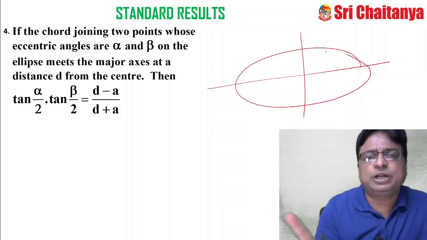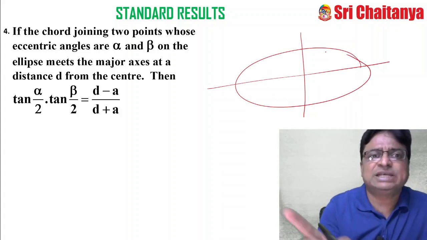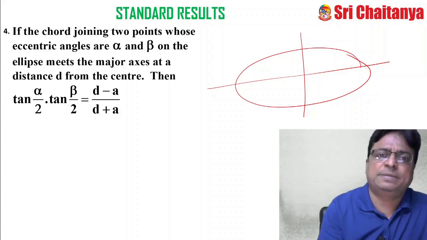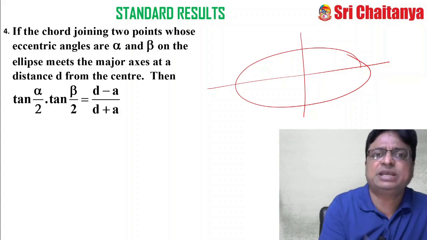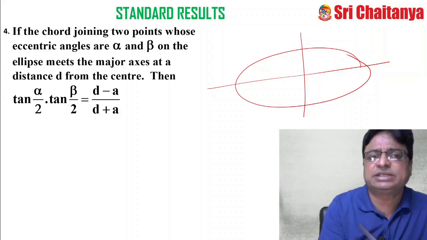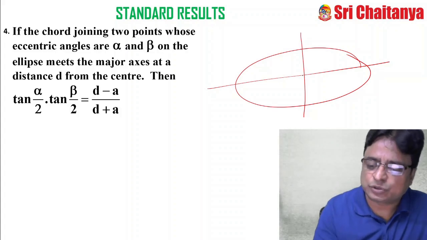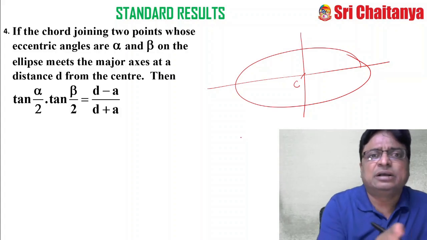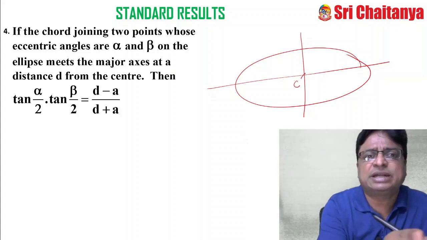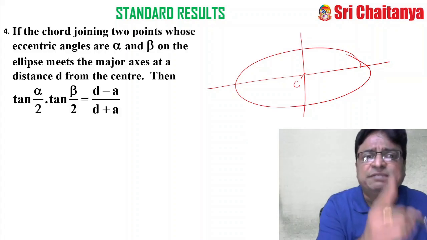Suppose this is the center, and the chord meets the major axis at a distance d from the center.